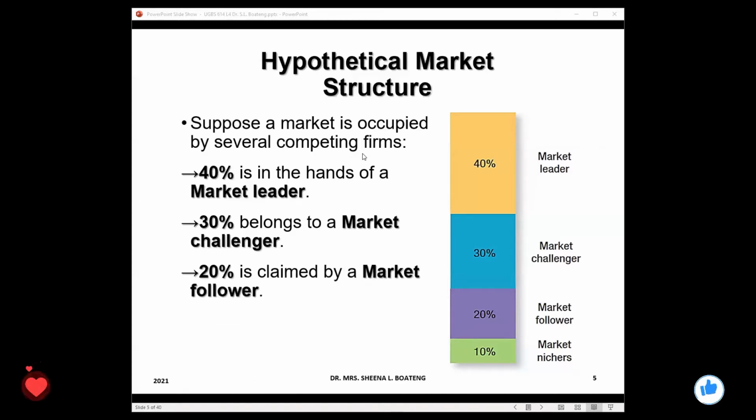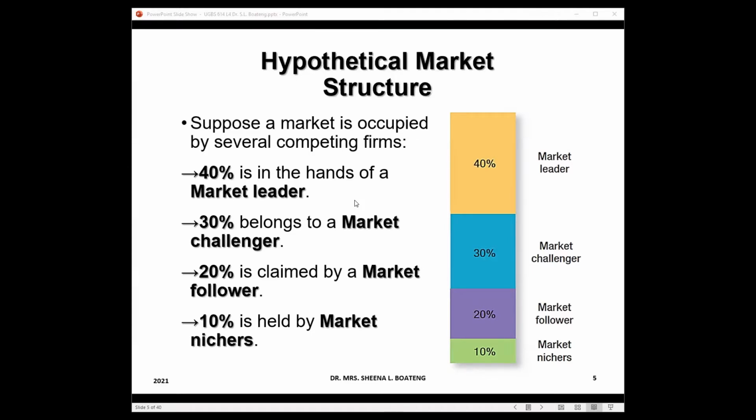Then the market follower holds 20% of the market. And ultimately the market niches, who are the last of the firms, hold about 10% of the market. So together, these different competing firms, strategically named based on their position in the market and the strengths and weaknesses they possess, hold these significant percentages when it comes to the distribution of market share.